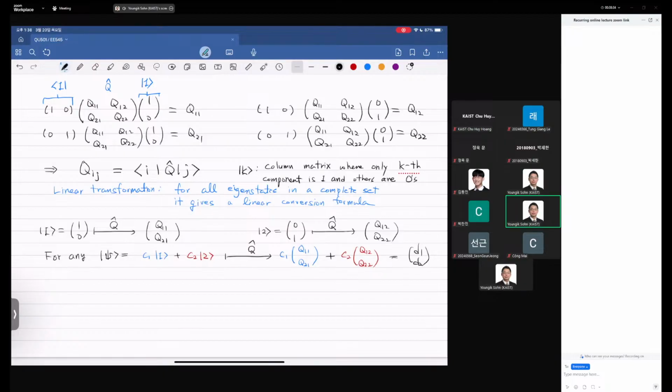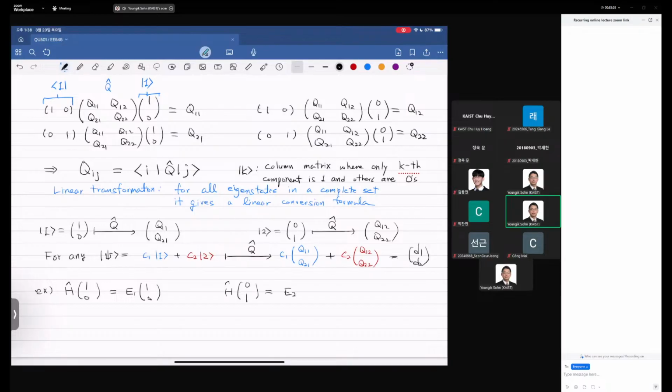Okay, so let's test it on our famous example of the Hamiltonian operator. If you apply this, it's an energy eigenstate, so it gives an energy eigenstate answer. You apply it to another energy eigenstate basis, let's say.